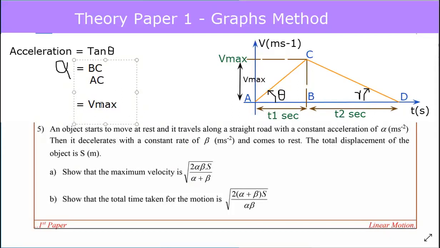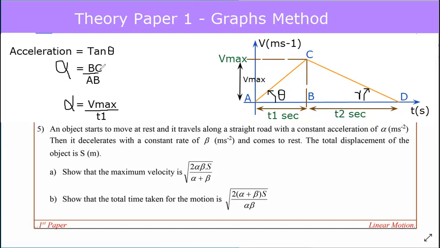AC, sorry, that is wrong. Opposite side is BC, adjacent side is not AC, it is AB, sorry. Opposite is BC, adjacent is AB. So V max divided by AB is T1. Unfortunately, we don't know what T1 is. So we have obtained that alpha equals V max divided by T1.